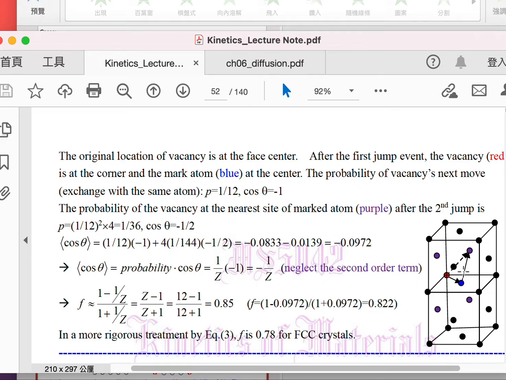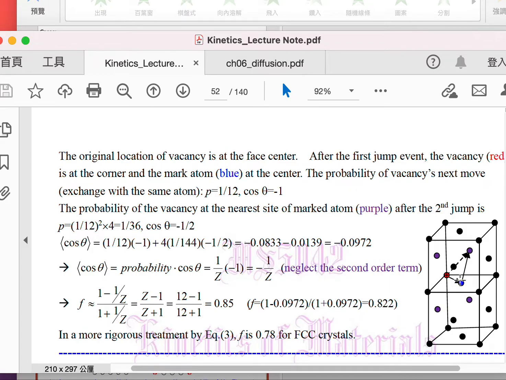This is what we call successive jumps. So theta is 180 degrees, and the cosine theta will be -1. So the average of cosine theta is always the probability times the cosine theta of the successive jump, where theta is the angle between these two successive jumps. The other term means that you can ignore the second order term. What does this mean?